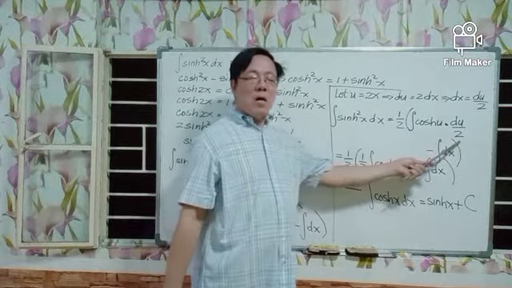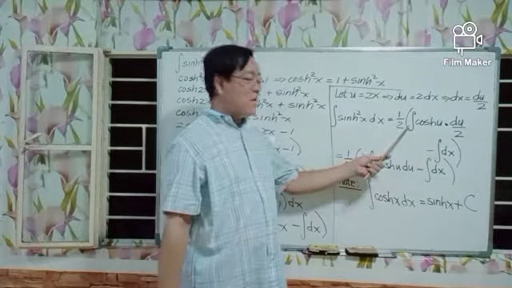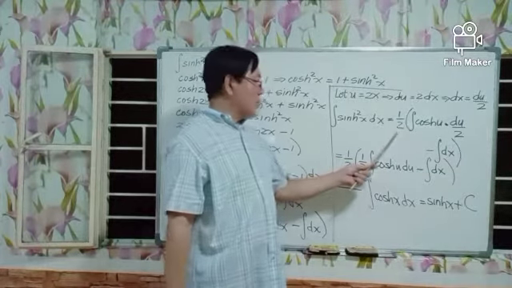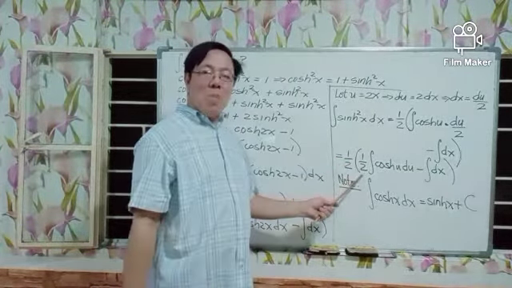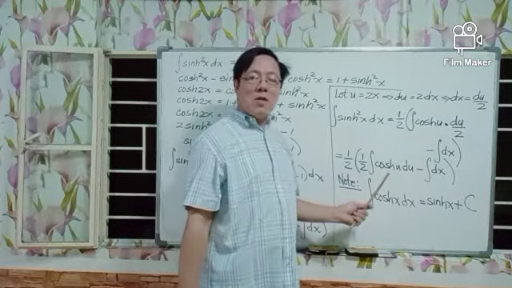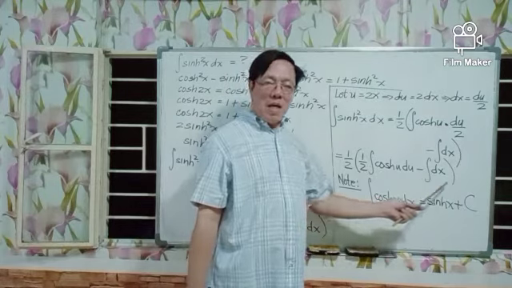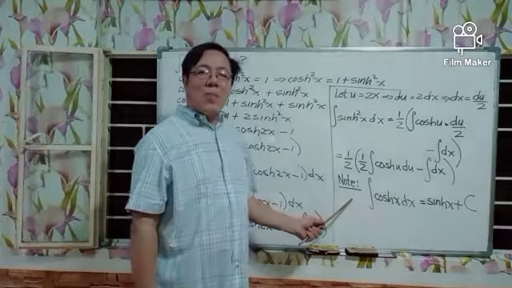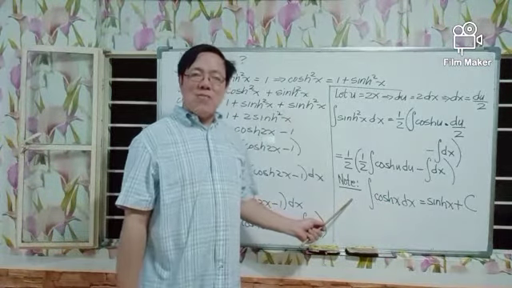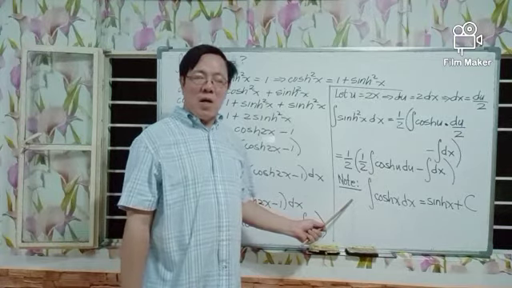We take 1/2 out of the integral sign. The right hand side is now equal to 1/2 times 1/2 times the integral of hyperbolic cosine of u with respect to u minus the integral of dx. And this is one of the formulas for the integrals of hyperbolic functions.